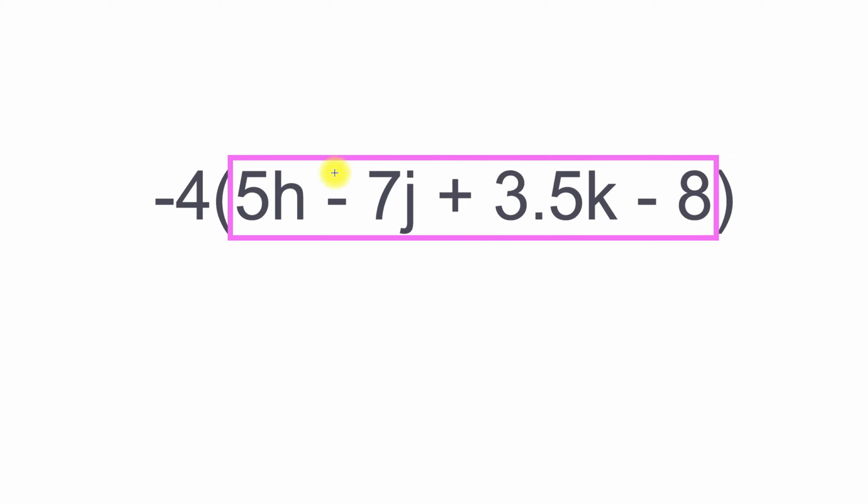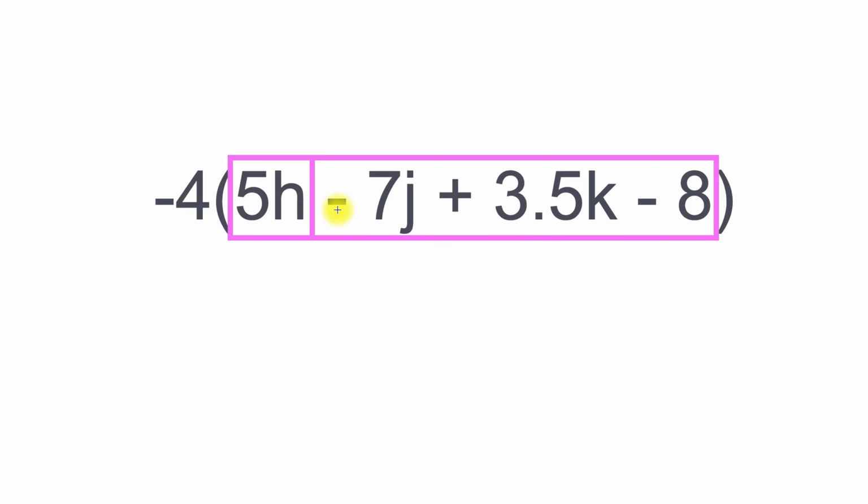Now let's break it up into each of its terms. So we got 5h minus 7j plus 3.5k minus 8. Now that whole thing is the algebraic expression, but what are each of the terms? Well, our first term starts at the very beginning of the expression, and then we cut it off right before the first plus or minus sign we see. So our first term is positive 5h.